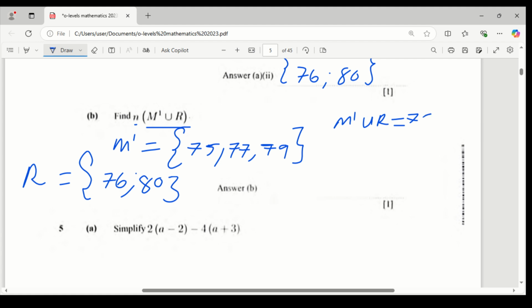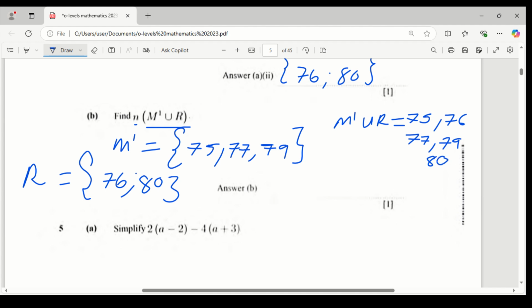It also includes 76. It also includes 77. Also include 79. It also include 80. I'm just using that space because there's not much space there.